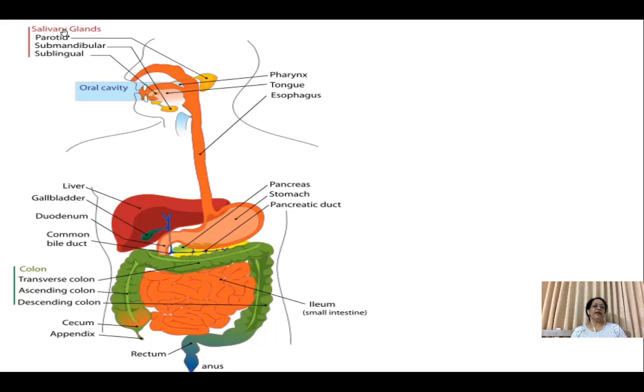While in the accessory organs category, salivary glands, then parotid glands, and teeth are included, as well as liver and gallbladder. Pancreas is also included in the accessory organs of the gastrointestinal tract.